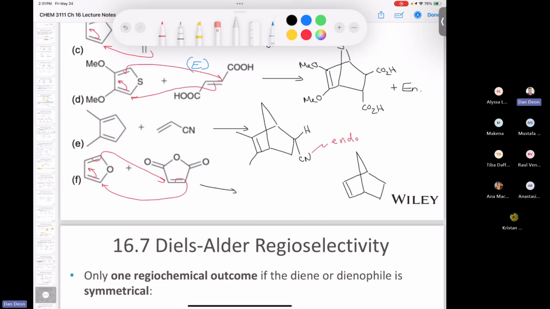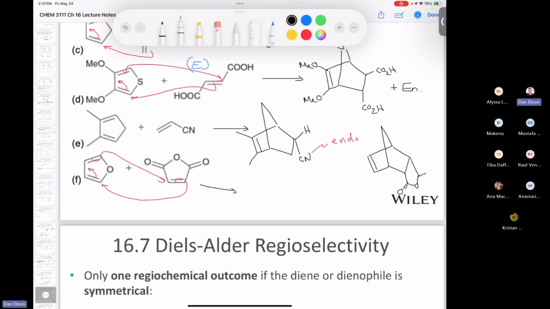But remember, we're going to get the endo product, okay? So what does that mean? It means that this bond and this bond are going to have to be pointing down, okay? So we're going to draw them pointing down. There's my black pen. It's going to be pointing down, and then we have our five-membered ring here. There we go.